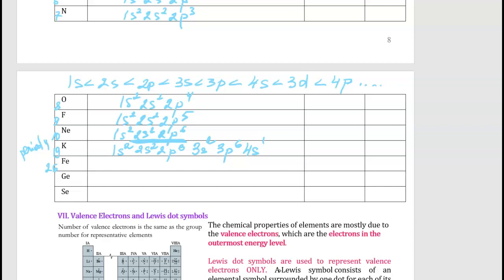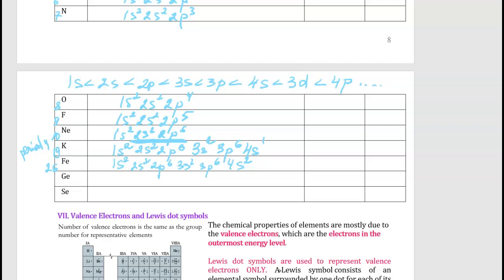So, let's write down its electron configuration: 1s2, 2s2, 2p6, 3s2, 3p6, 4s2. An s subshell can have a maximum of 2 electrons, and there are 26 in the iron atom.